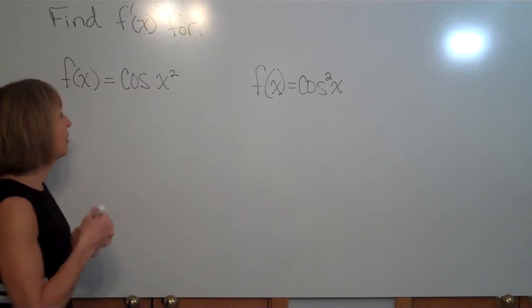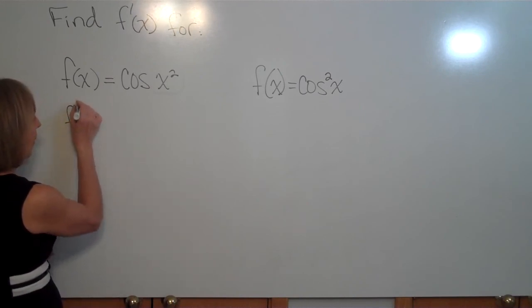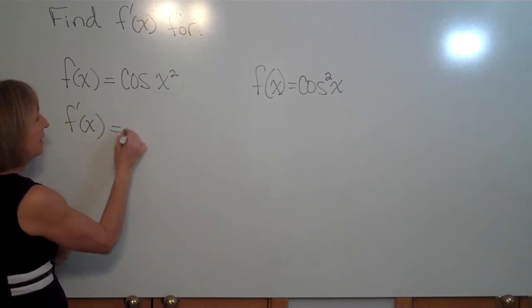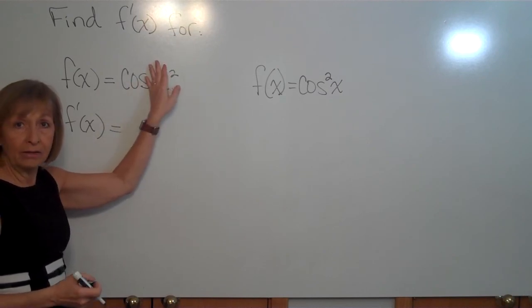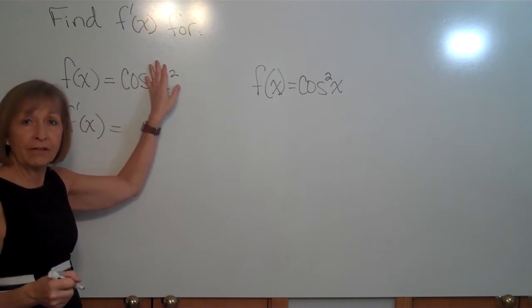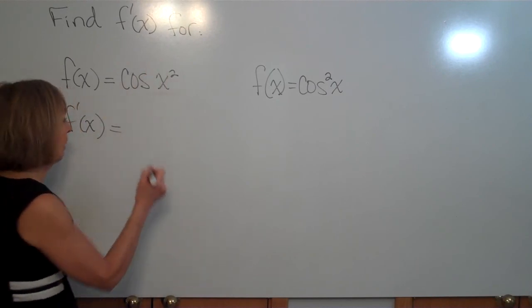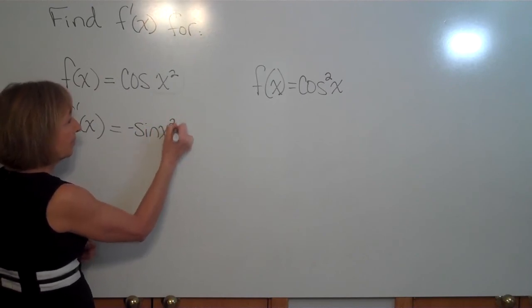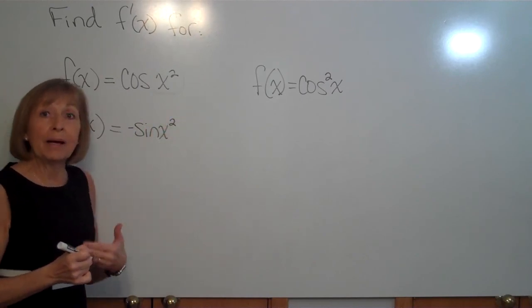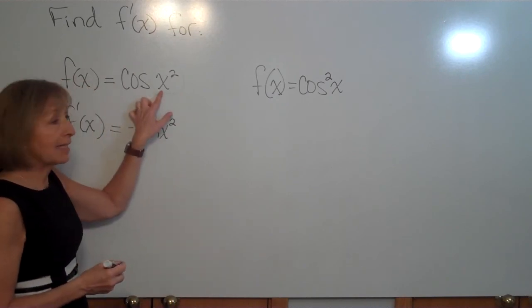So the cosine is the outside action in this one, and the x squared is the inside function. So for this derivative, our f prime of x is: take the derivative of cosine of an angle, and the derivative of cosine of an angle is negative sine of the angle. So I write negative sine of x squared. And then I need to, by the chain rule, multiply that by the derivative of the inside stuff.